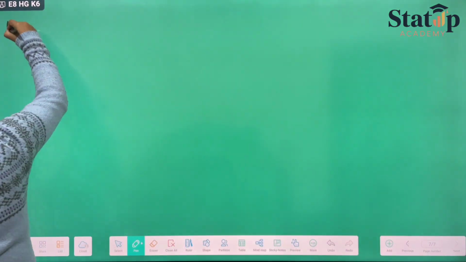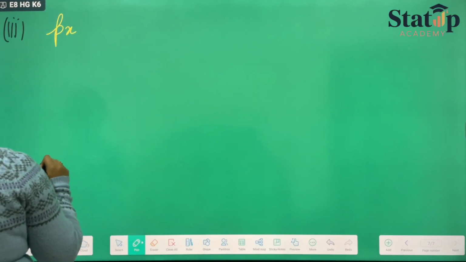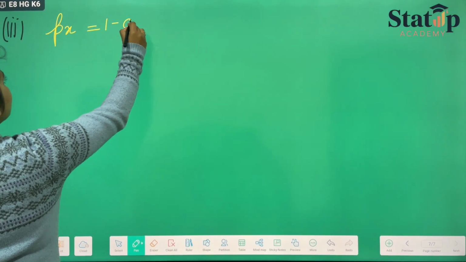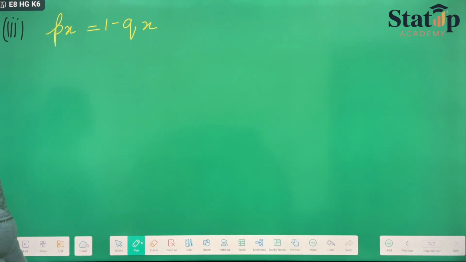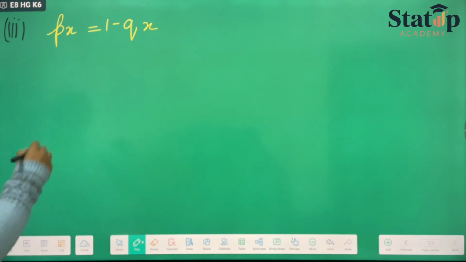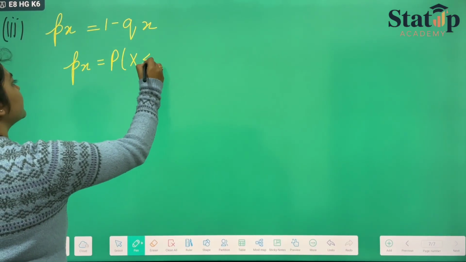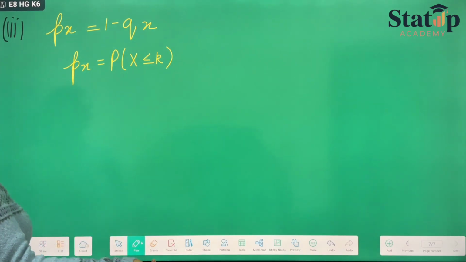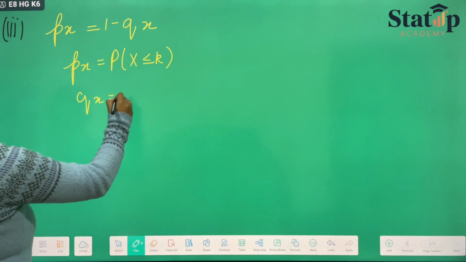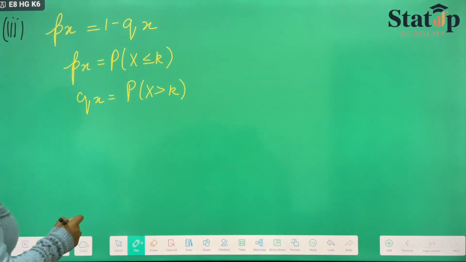Now moving forward, the third property is, we know that p(x) is nothing but 1 minus q(x), right? This we know, that the probability of success is equal to 1 minus the probability of failure. Now if p(x) is also equal to the probability that x is less than or equal to, let us say, a variable k, then q(x) will be equal to the probability that x is greater than k, right?